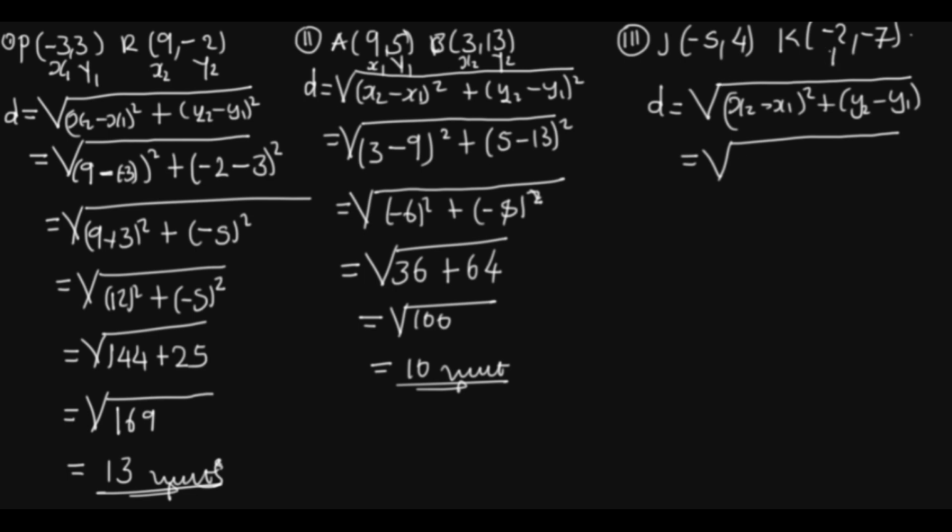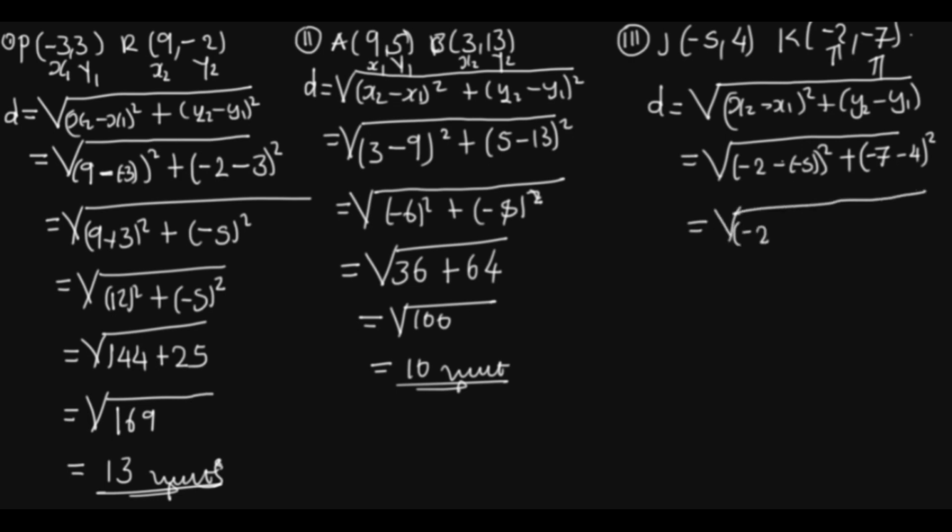The x2 is negative 2 minus negative 5, squared, and y2 is negative 7 minus 4, squared.